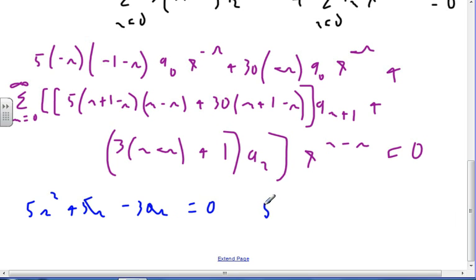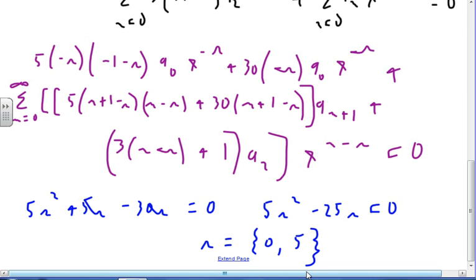I'm going to have 5r squared minus 25r is equal to 0. I'm going to have that r can be 0 and r can be 5. So r is 0 and r is 5.